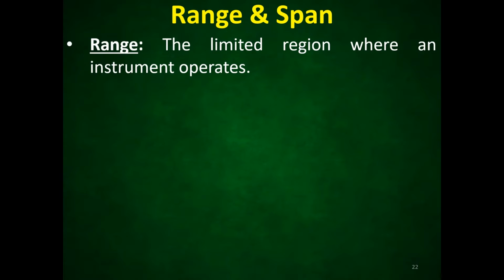In case of a speedometer, in a bike especially, it indicates the current speed of the vehicle, right? Now, the dial of the speedometer ranges from 0 to, let's say, 200 kilometer per hour. So this 0 to 200 is specifically called the range of that speedometer instrument.